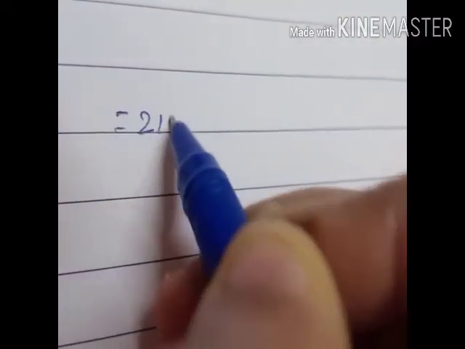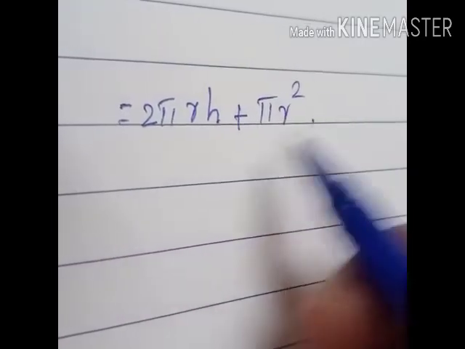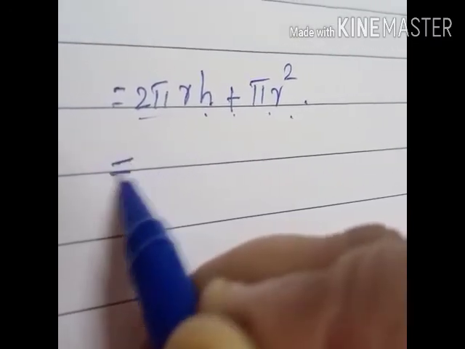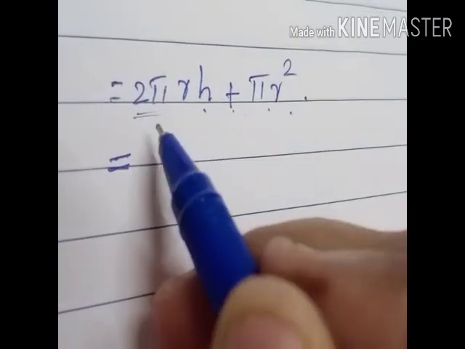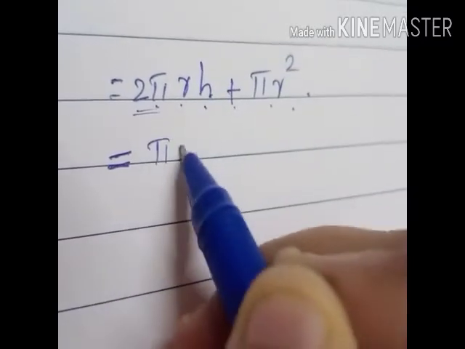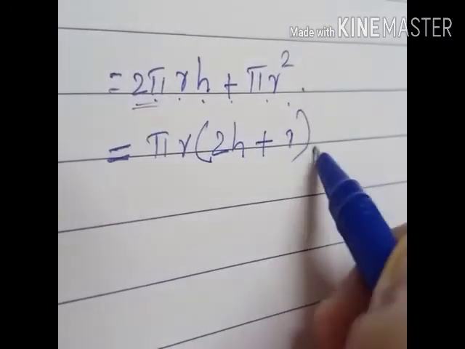That is 2 pi r h plus pi r square. Before substituting the values, we can simplify this because there is a common factor pi and r that we can take outside. Then the remaining terms are 2h plus r.